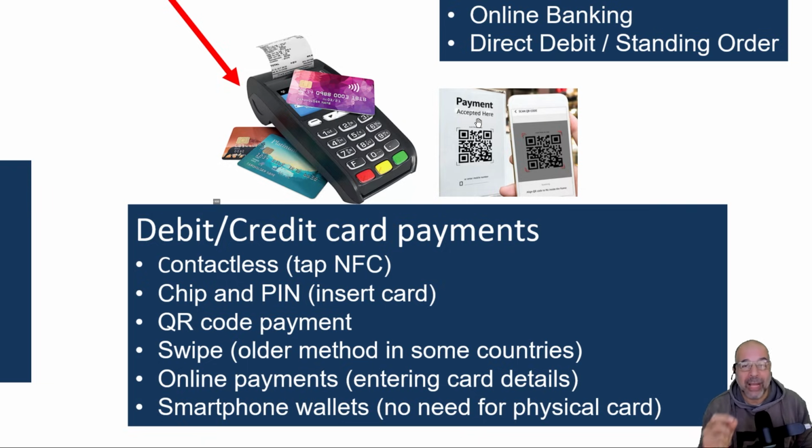Now, when you do a payment like this with a QR code, generally the payment is transferred immediately. So when you're sending money, that's like going to your banking application on your smart device and sending money to somebody. The money leaves your account and goes to the other person immediately.